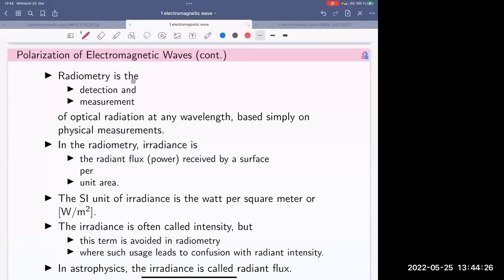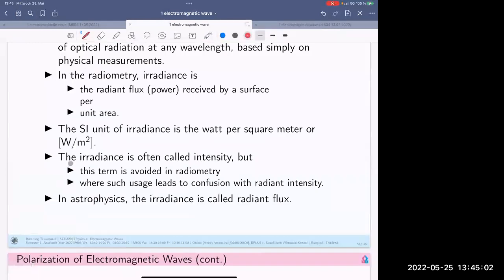In radiometry, there is a word which is called irradiance. Irradiance is the radiant flux, or the power received by a surface per unit area. The SI unit of irradiance is watt per square meter.